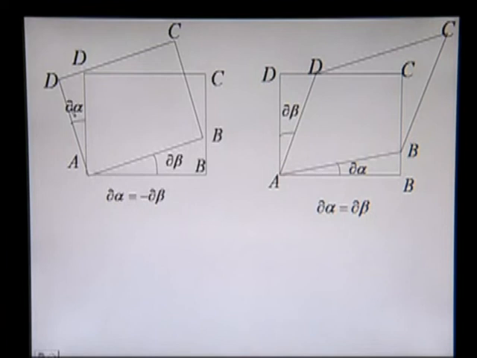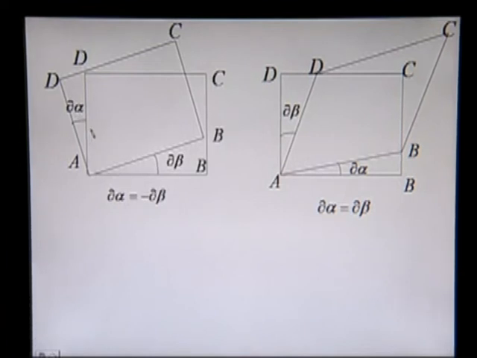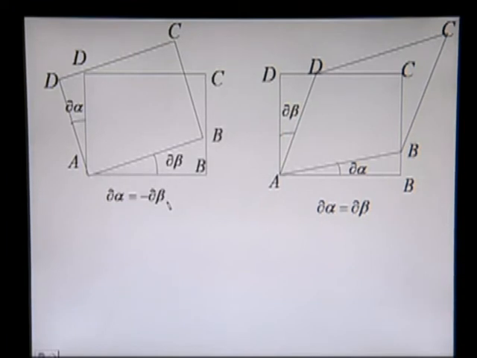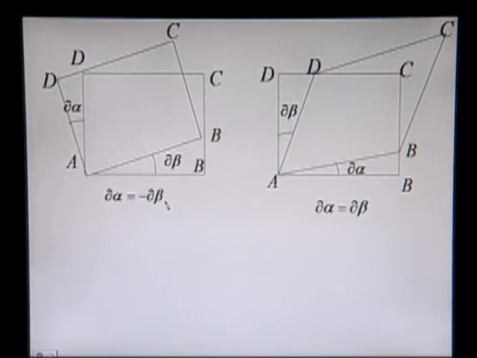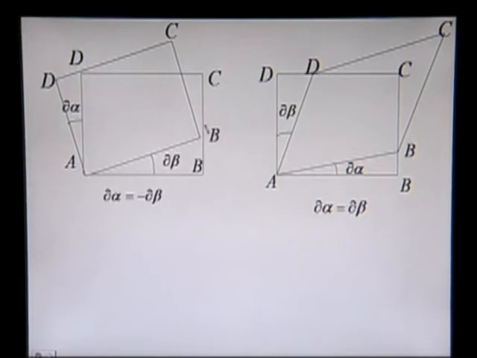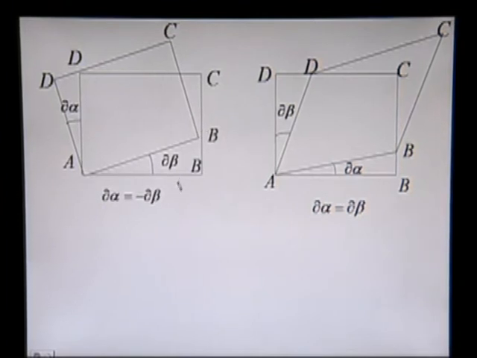In this case, if delta beta and delta alpha are both the same and moving in the same direction, then delta alpha will become equal to minus delta beta, and this fluid element is said to be subjected to pure rotation. This fluid element is not subjected to any kind of deformation, so it is called pure rotation.